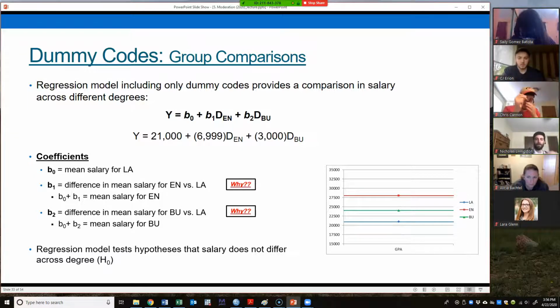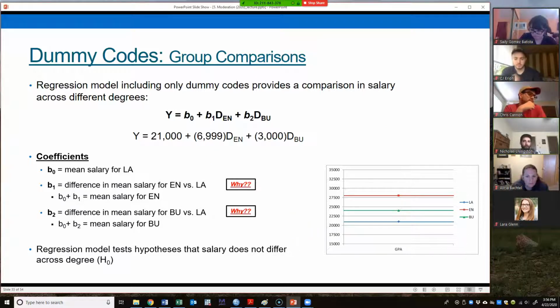Now, if this was the question I had, you should probably just run this as an ANOVA because it is more straightforward and people like it, right? But any model that I can run in an ANOVA framework, I can also run as a regression, which gives me additional flexibility. So you're exactly right. What I've done here is I've basically run an ANOVA model with a specific contrast comparing engineering and liberal arts and business and liberal arts all put together, right?